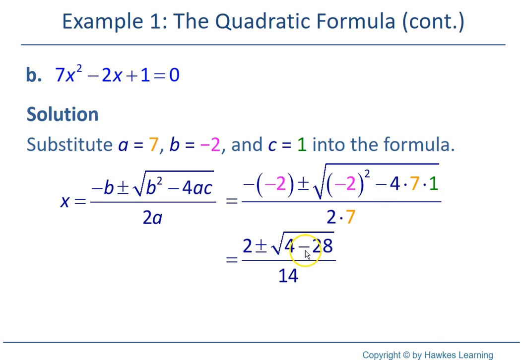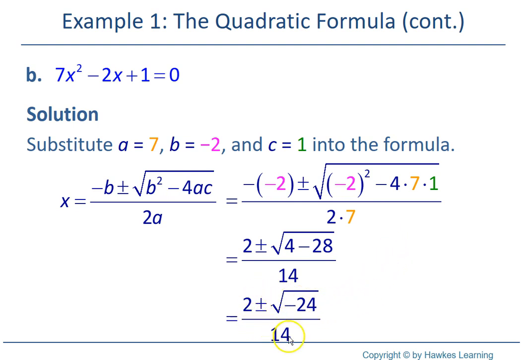So you now have a negative 28 and a positive 4. This is going to give you a negative 24 under the radical sign. So this is not going to be a real number. This is going to be our imaginary numbers that we spoke about earlier.